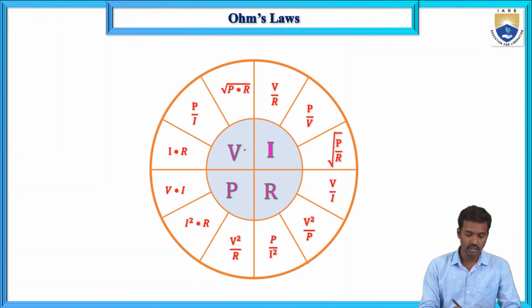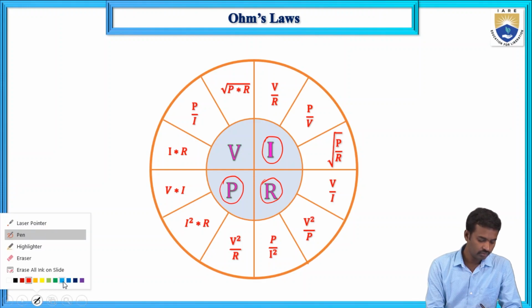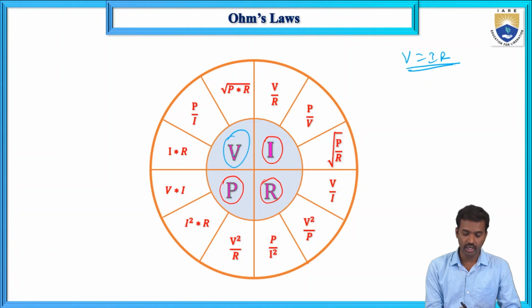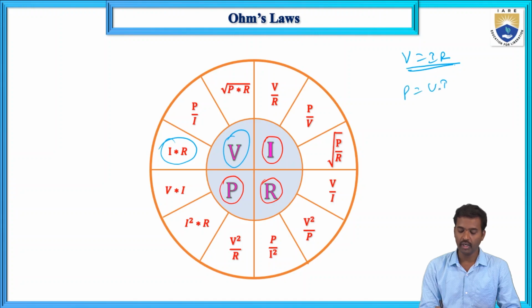Here we have the current, the resistance, the power, and the voltage. First, according to Ohm's law, V is equal to I into R, and P equals V into I, we know this very well.